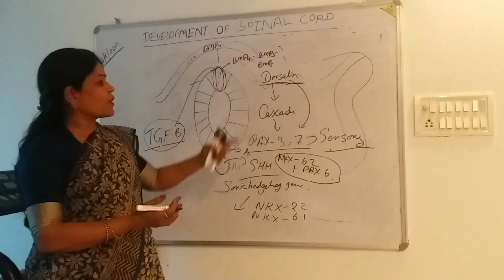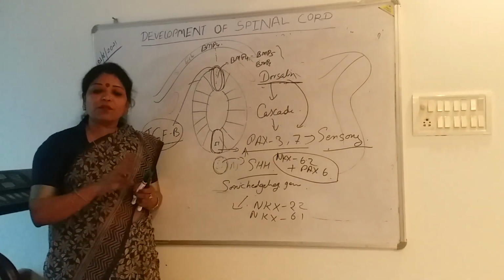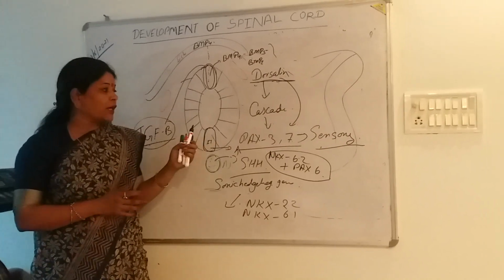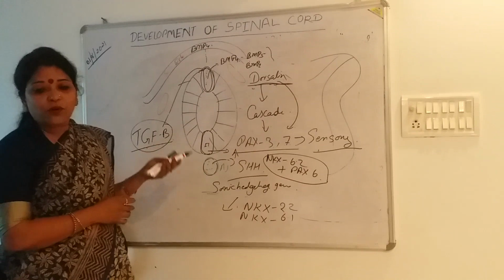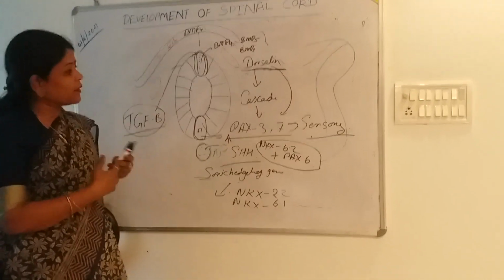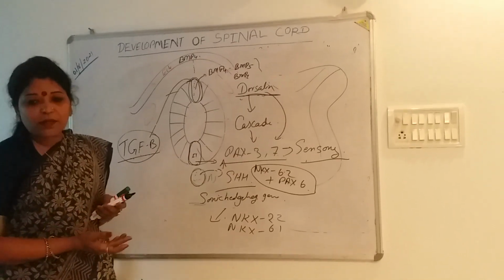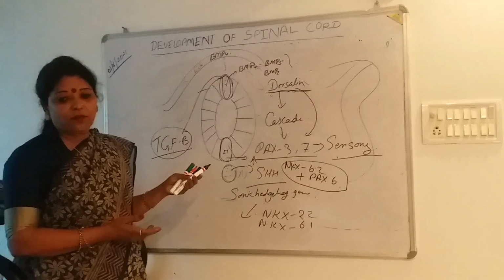So this was the summary of the molecular regulation of the neural tube, how sensory neurons and motor neurons are formed under the influence of genetic regulation.